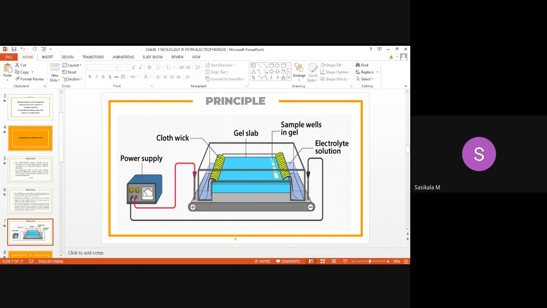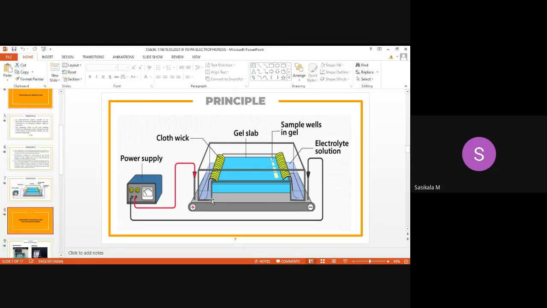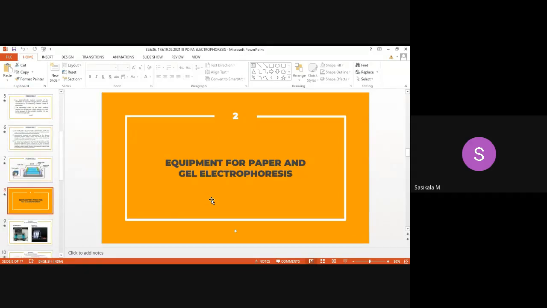This is the scheme representation of the electrophoresis technique. Now let's move on to the second part, equipment for paper and gel electrophoresis. According to your syllabus, you have to learn paper electrophoresis and gel electrophoresis, since many techniques exist under electrophoresis based on the principle of separation.